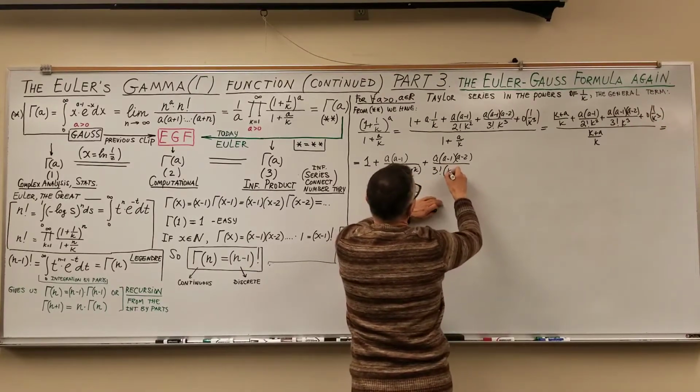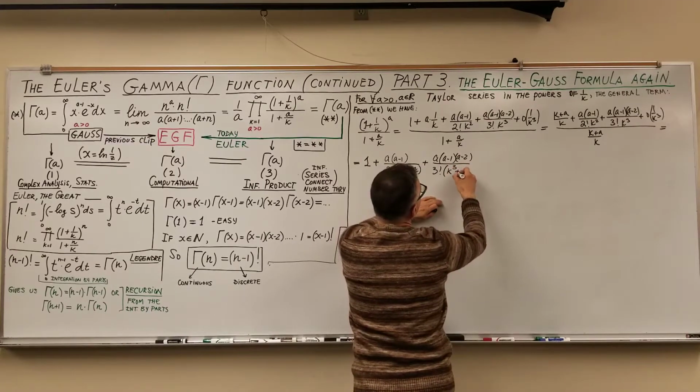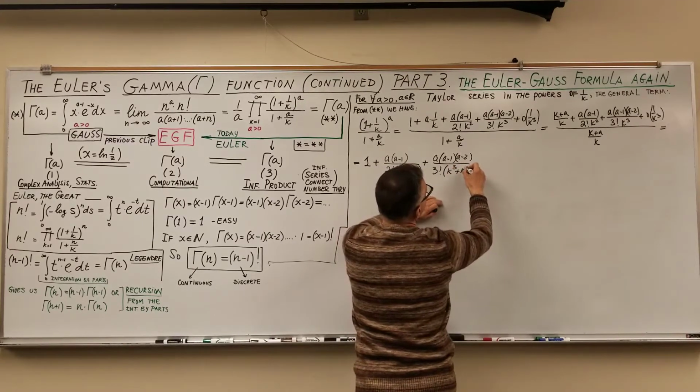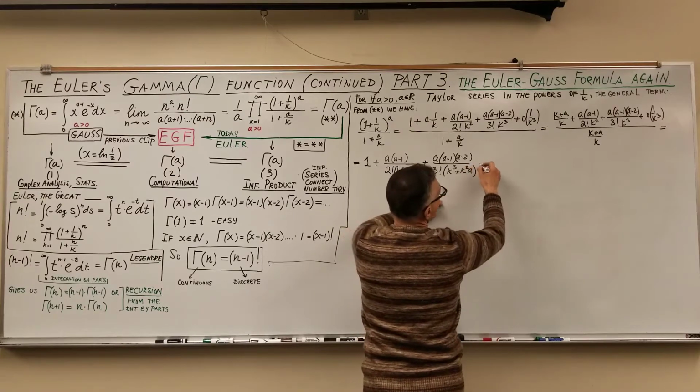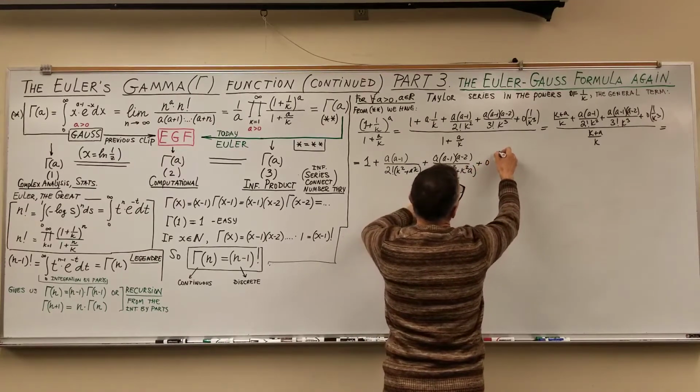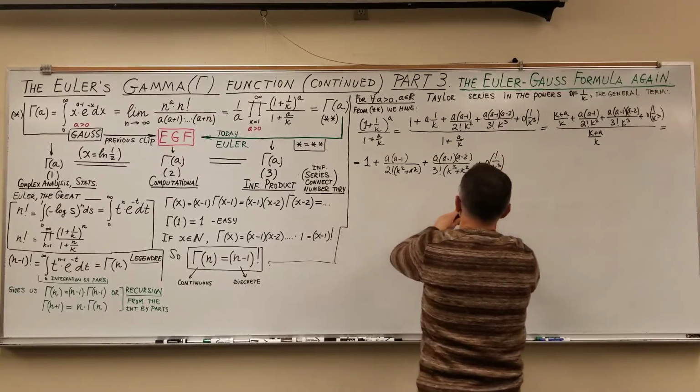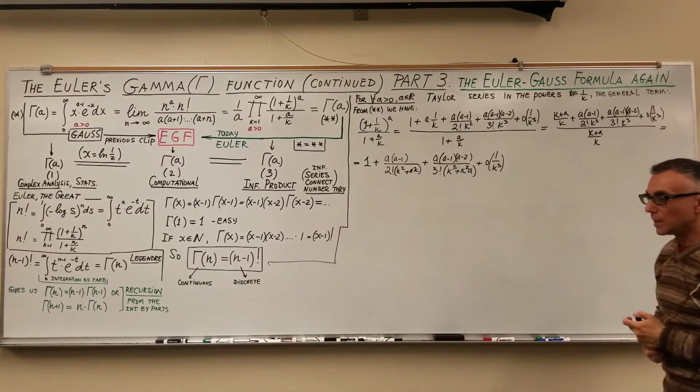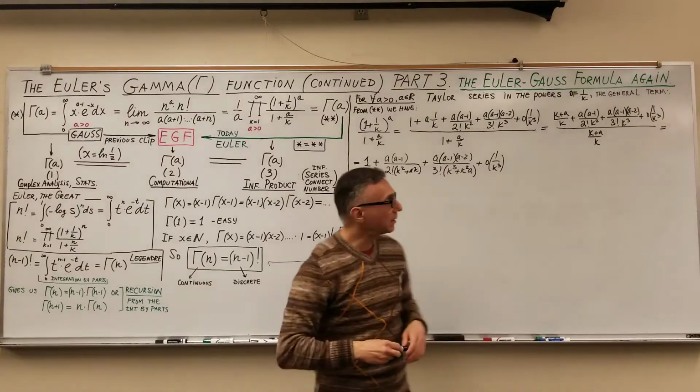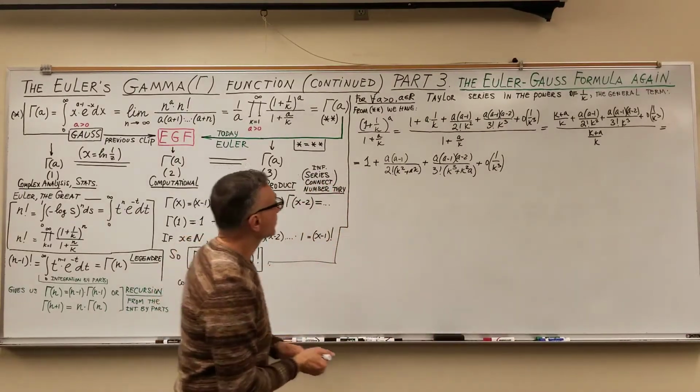So it's actually k cubed plus k squared by a. And so on, so it's a little o of 1 over k cubed. So this is what we have as the result of this Taylor expansion.